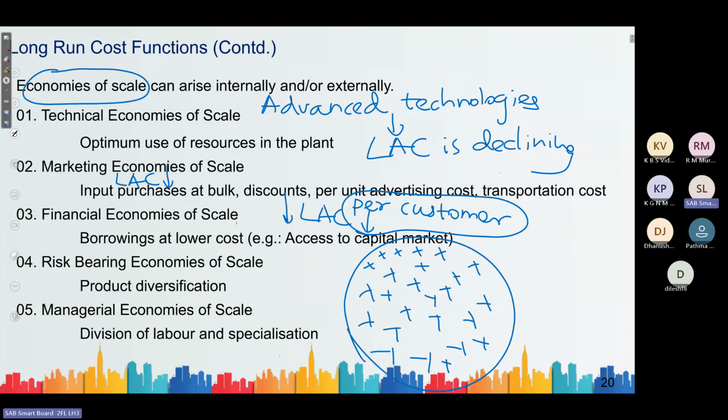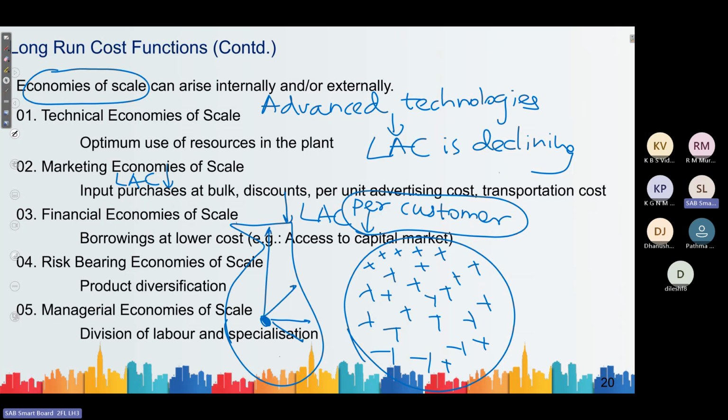The same will happen in the case of transportation cost as well. When producing at a larger scale, they can establish a huge transportation network. For example, if the firm has expanded its scale so that they can cater to the entire island of Sri Lanka, if they send their goods to Kandy, the same truck can be used to distribute to Batticaloa, to Ampara, to Trinco, to Jaffna even.